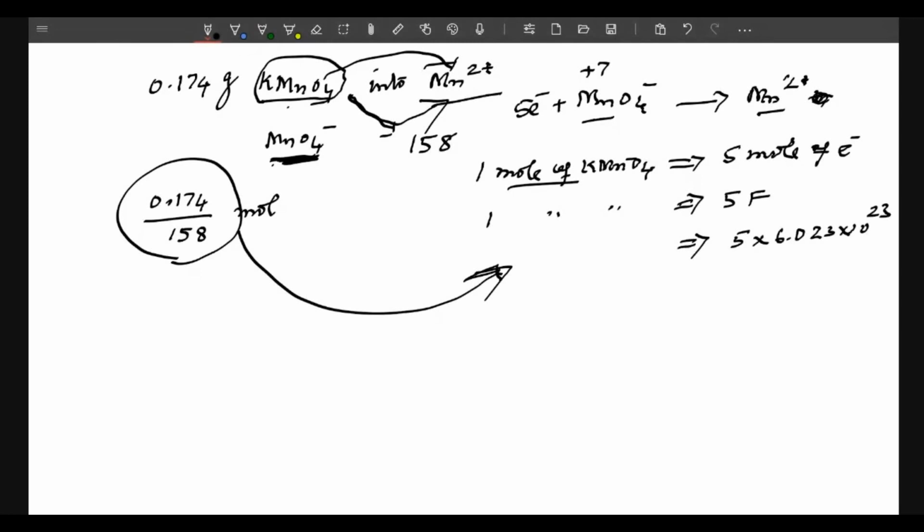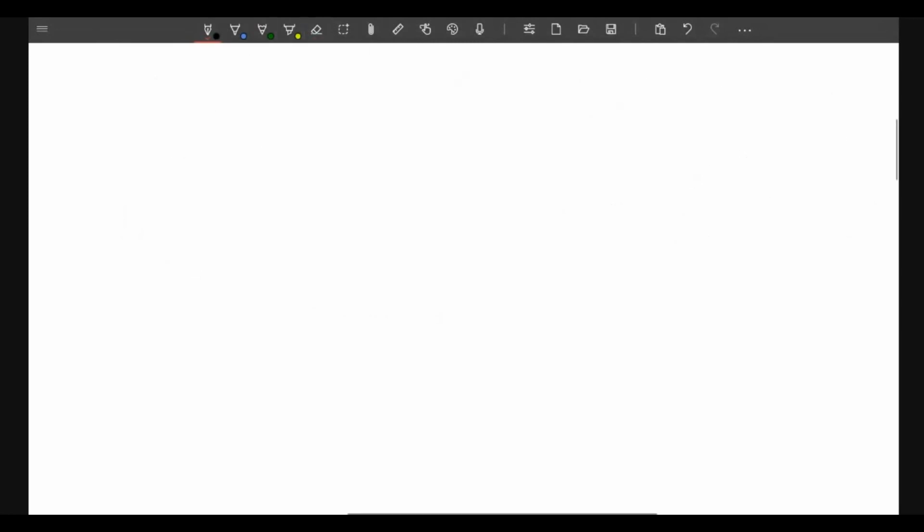The third kind of problem, they may suppose it is a gas, but before seeing this gas, I will give you another type of problem. Calculate the number of Faraday or number of moles of electrons involved in the conversion of 15.8 ml of 0.12 molar permanganate MnO4 minus into MnO2.